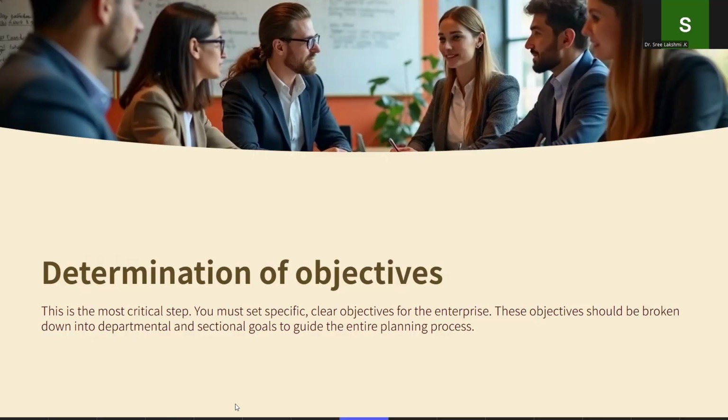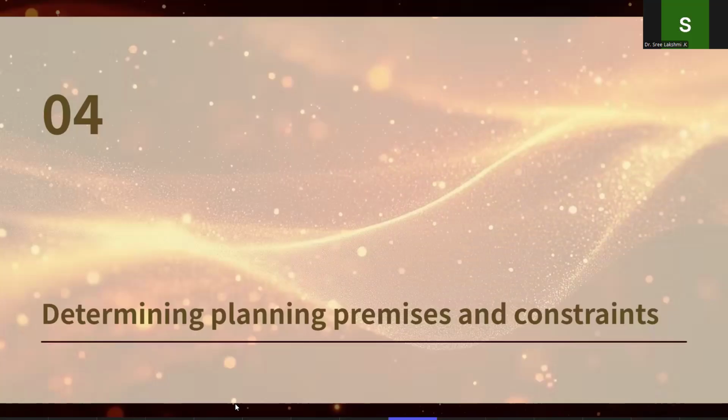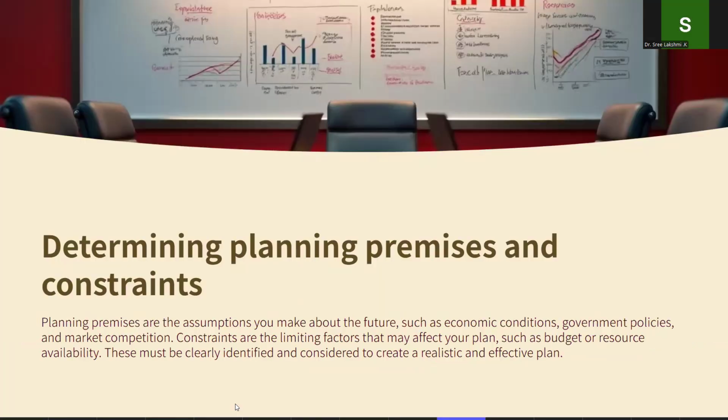Let's move on to the fourth step, which is determining the planning premises and constraints. Premises are planning assumptions on the basis of which planning takes place. Planning premises are the assumptions which you make about the future, such as economic conditions, government policies, and market competition.